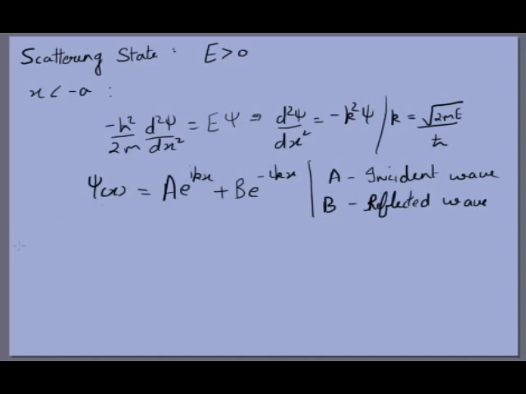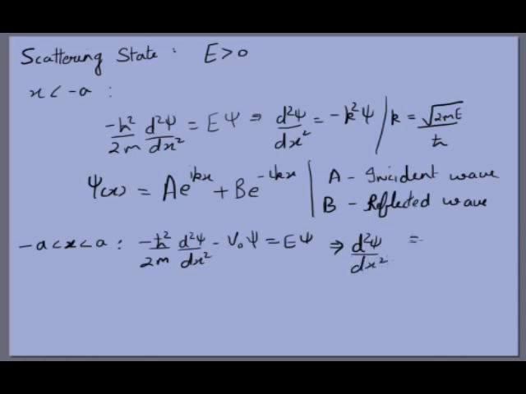And now let's look at inside the well, meaning minus a less than x less than a. In this region, what we'll have is minus h square by 2m d2 psi by dx square minus V naught psi is equal to E psi. And from this, what we'll get is d2 psi by dx squared is equal to minus L squared psi.